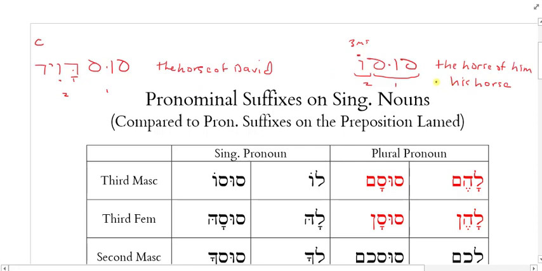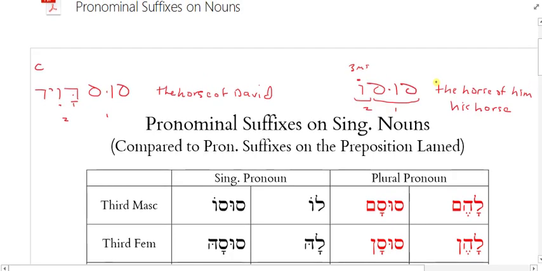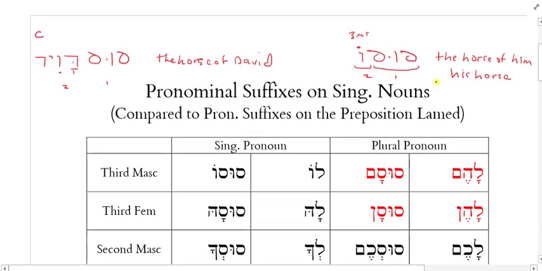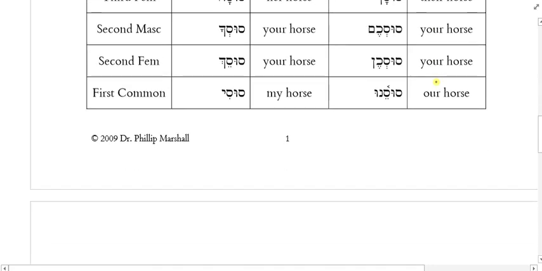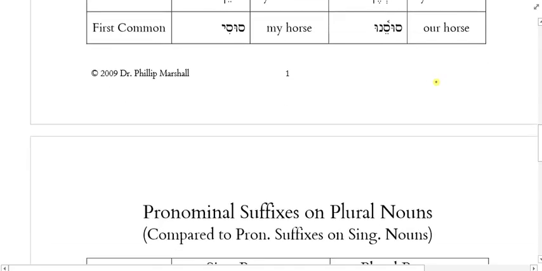So what we're going to do here is we're going to learn how to add our pronominal suffixes to the noun in this chapter. And Hebrew has two sets of pronouns that we're going to use. And I'm going to refer to them in this way.